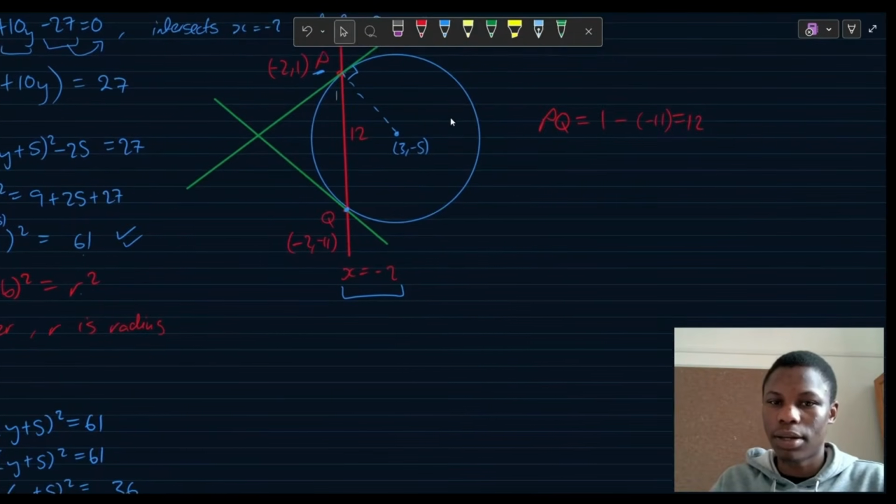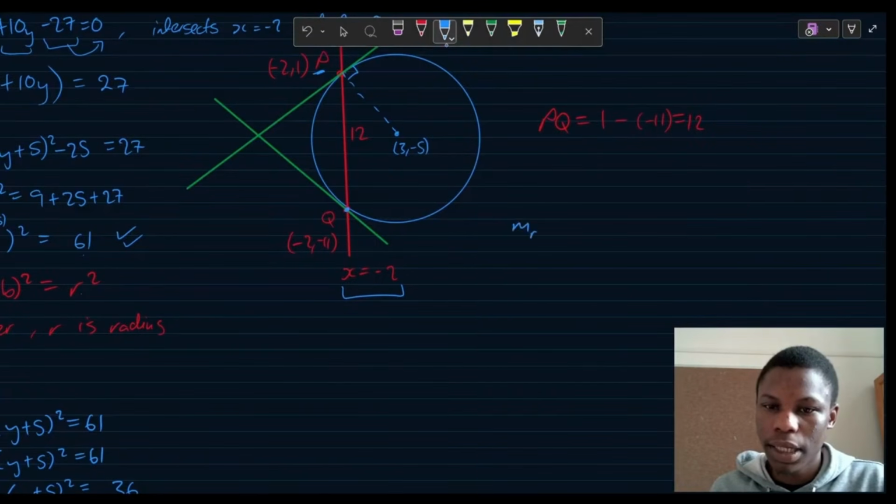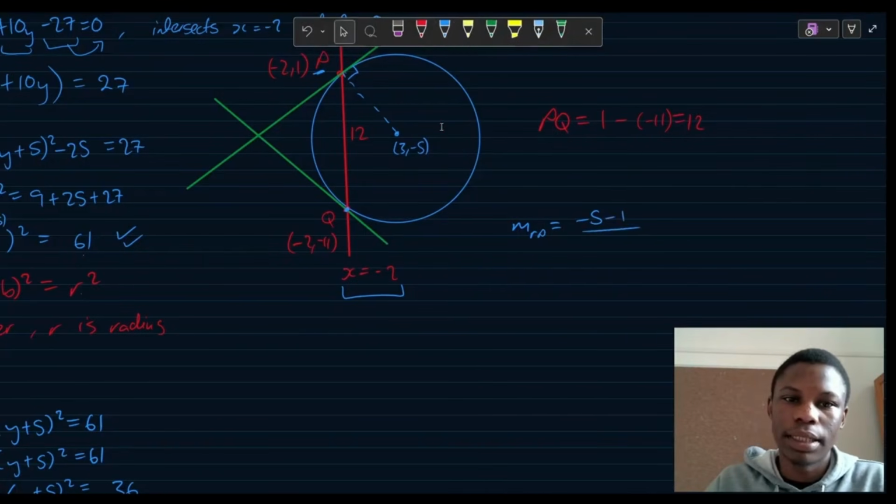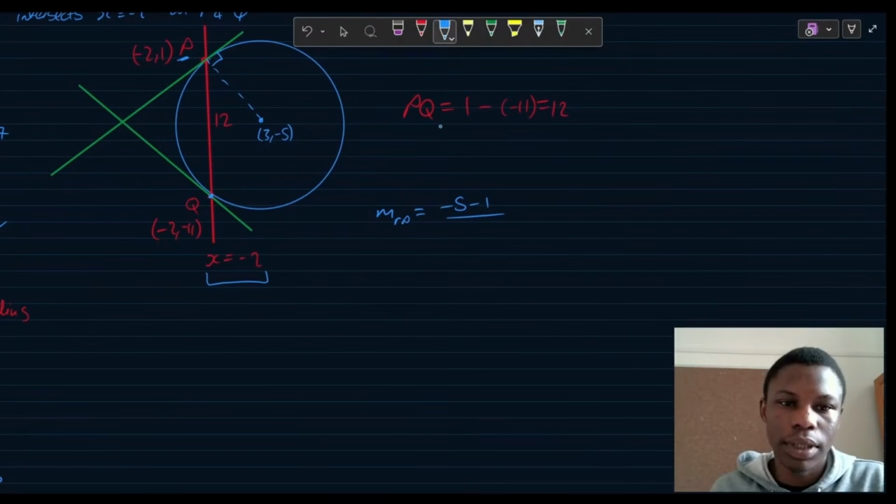So gradient of our radius to P is equal to, that's going to be change in y, so -5 minus 1, over change in x, which is 3 minus -2.